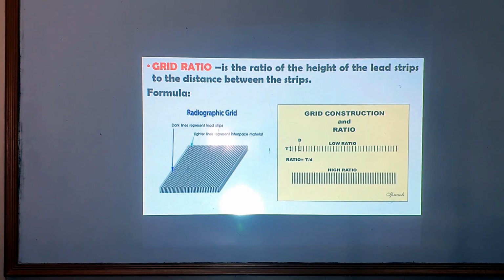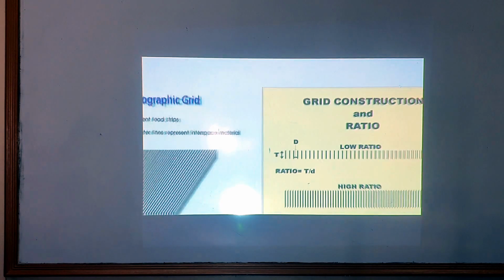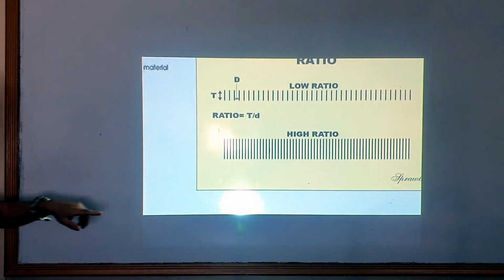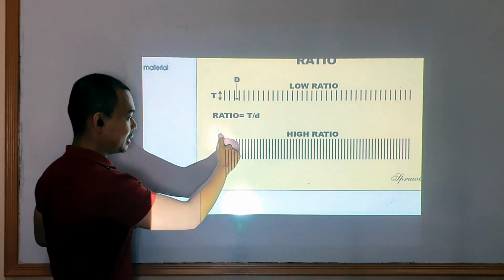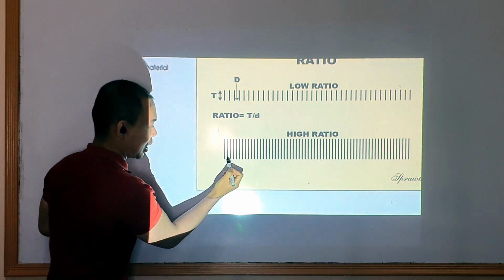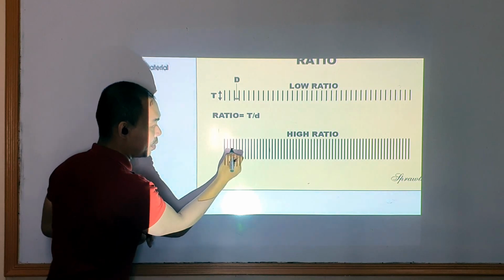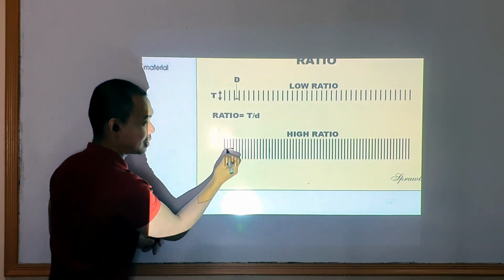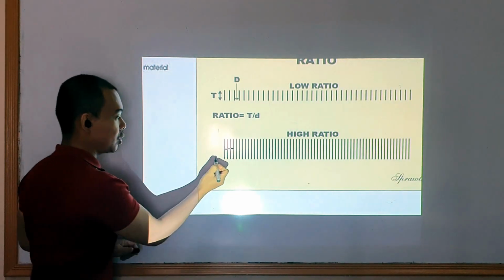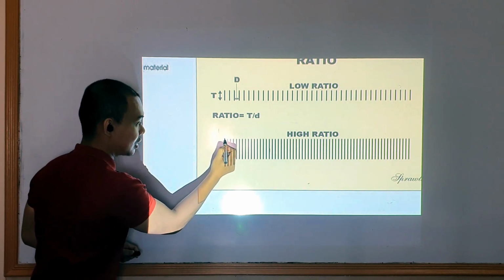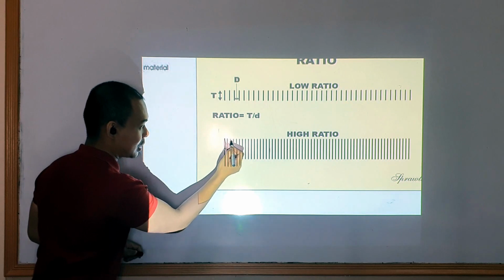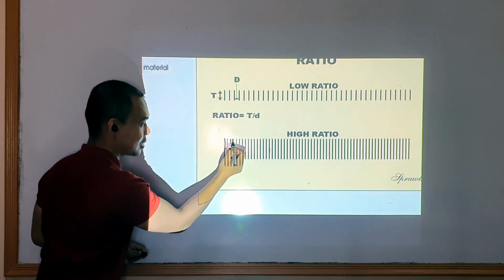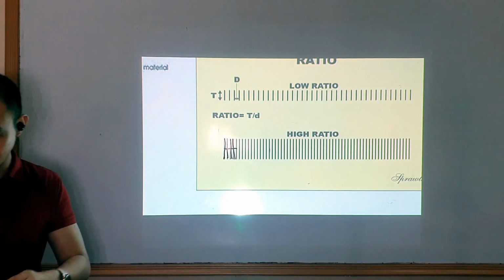So it is the ratio between the height of the lead strips and the distance. Are we clear? Ratio between the height and the distance. Height, distance. Height, distance. Height, distance. So on and so forth, guys.